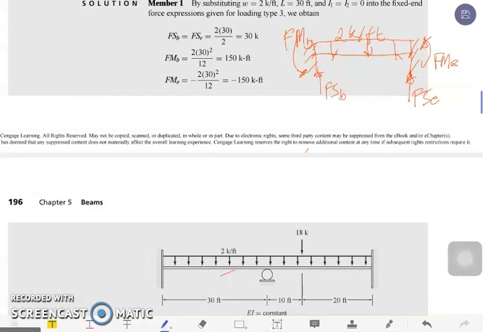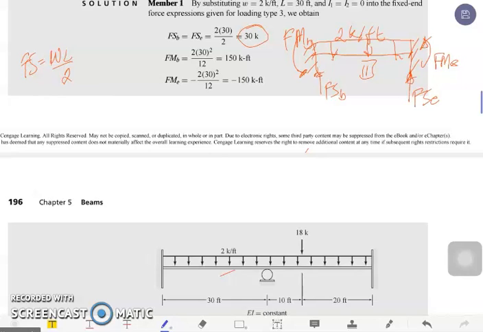All throughout member 1, this is a uniform loading, so the shear force at the beginning of the member is equal to the shear force at the end of the member. Our W is 2, our length of the beam is 30, all over 2. So you simply have 30 kips. The shear force at the beginning and at the end of the member is 30 kips.